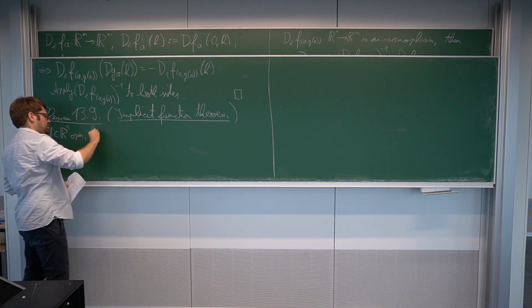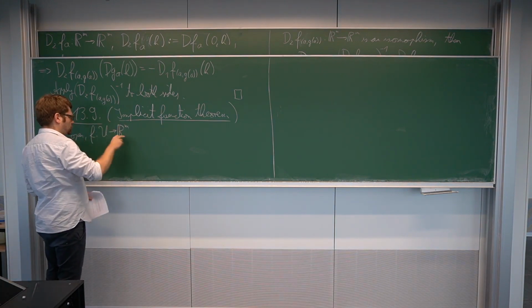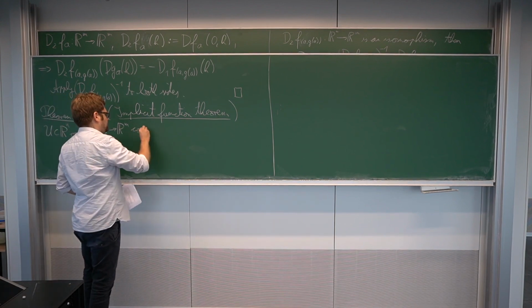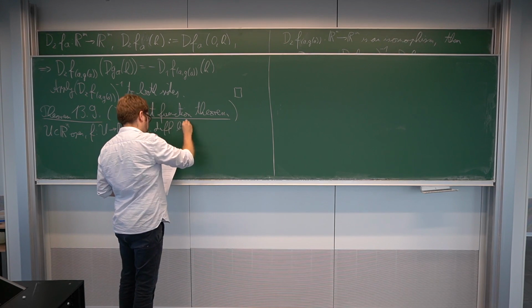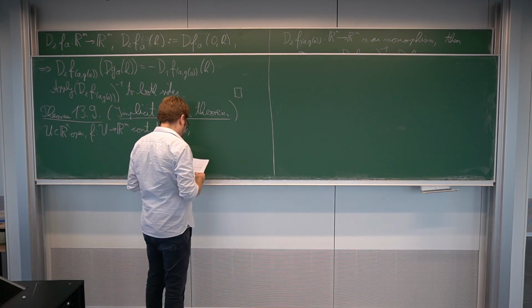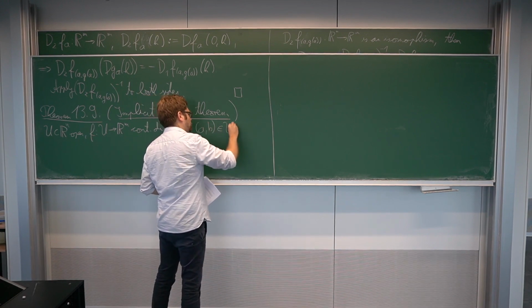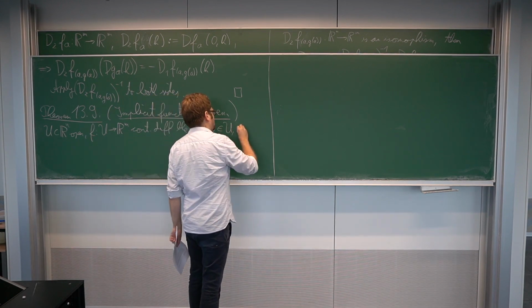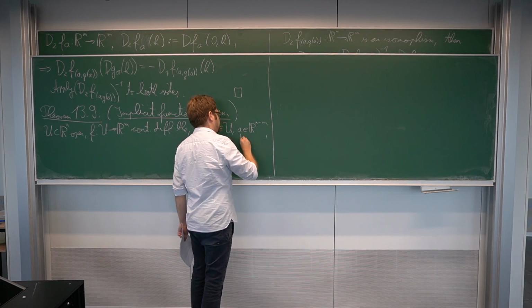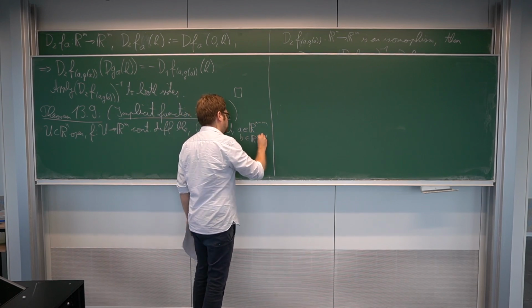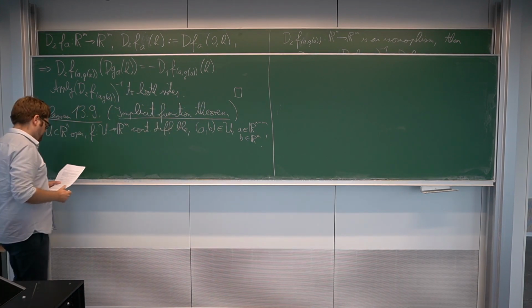We have f going from U to Rm, so lower dimension. We assume it's continuously differentiable. And assume we have some (a, b) in U, where again we view a as an element of Rn minus m and b as an element of Rm. So we just apply this decomposition, the splitting into two as a pair here.